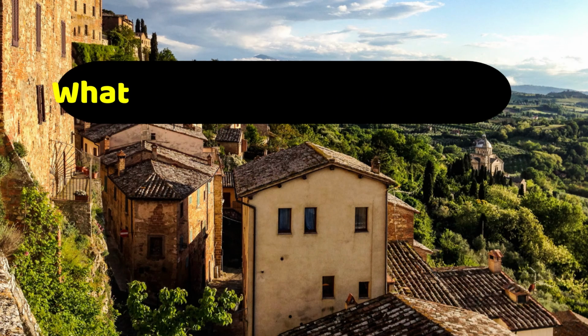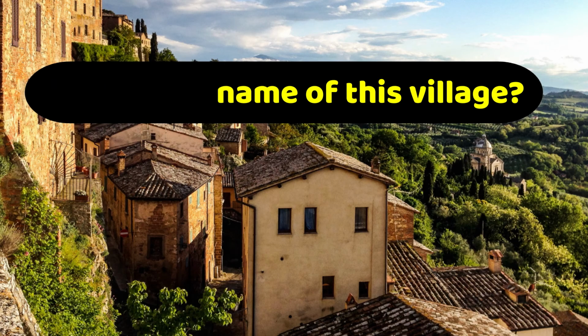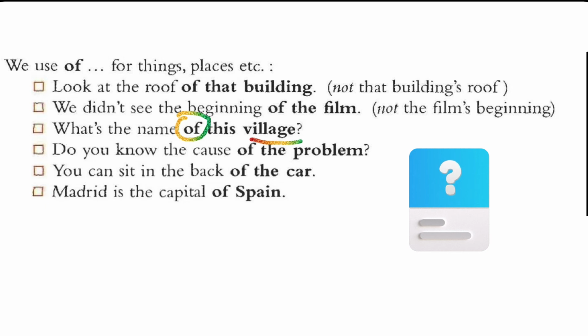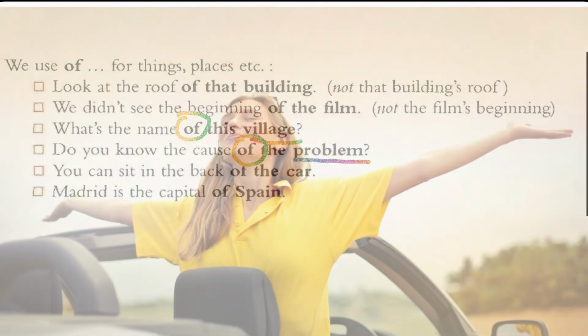What's the name of this village? So we're going to use of because we have village here. Do you know the cause of the problem? So problem is a thing, okay, and then you use of.